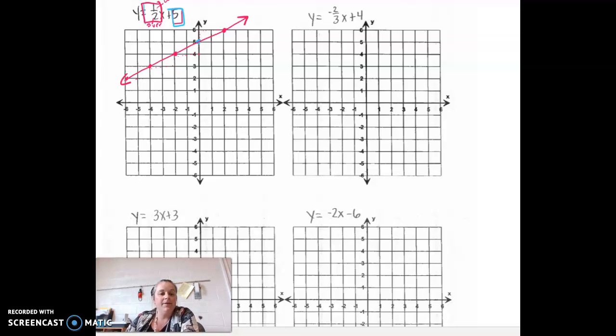All right, go back to my y-intercept color. Here the number without the variable is a 4, so I'm going to plot my y-intercept at 4, and my slope is negative 2/3. So it's telling me to go down 2 over 3.